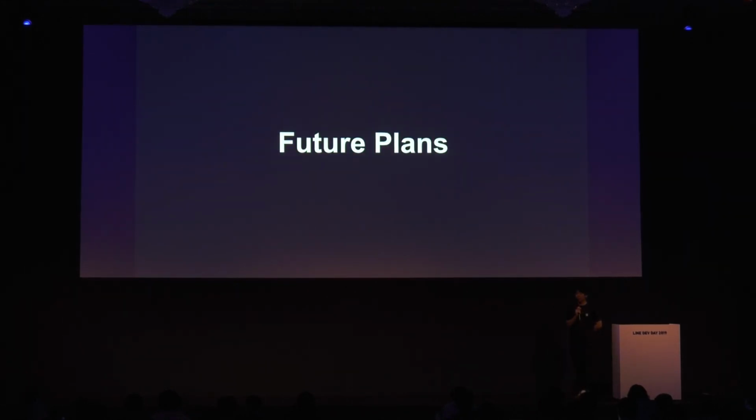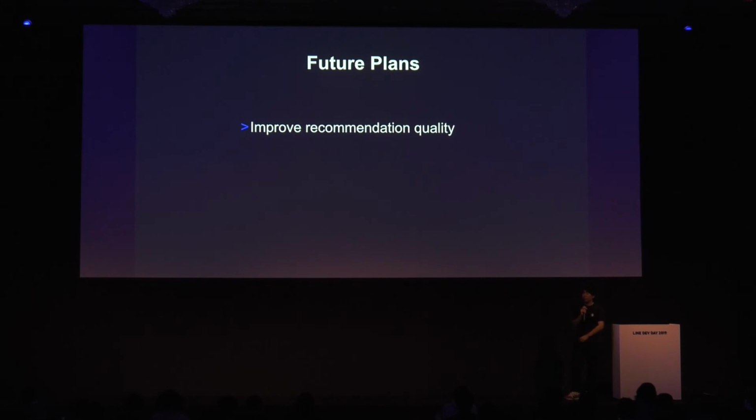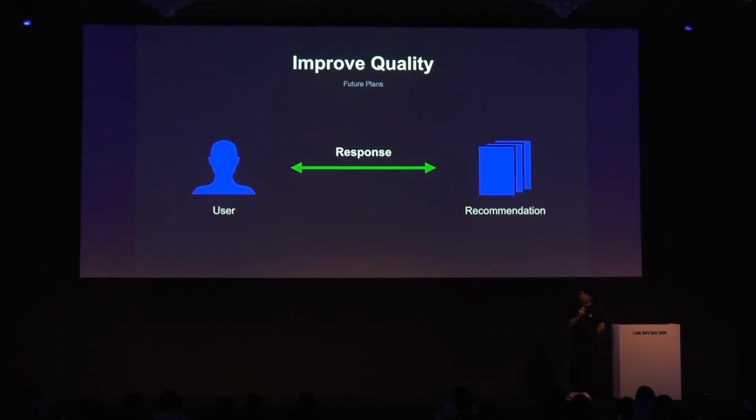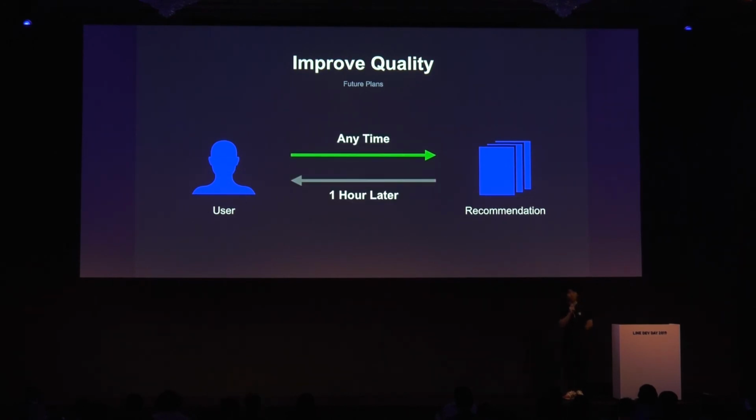Now, let me talk about future plans for the Line News recommendations. I'd like to touch upon two of them. First one is, of course, improvement of the recommendation quality. What is the quality of recommendations? Well, that is something that can be improved by the user response, like impressions. And such feedback is reflected in the next round of recommendations.